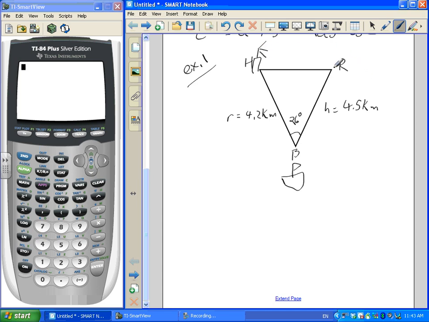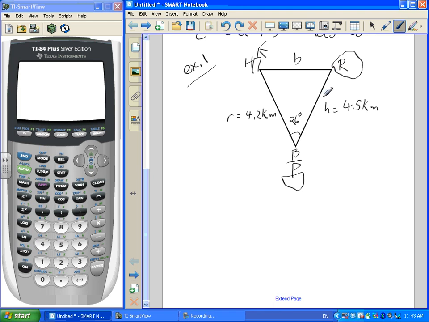And this is a rock. The boat is trying to figure out the distance between the lighthouse and the rock. So, what side of the triangle is the boat trying to solve for? B, right? If this is our angle B, that's going to be side B. It needs to solve for the distance between the lighthouse and the rock.